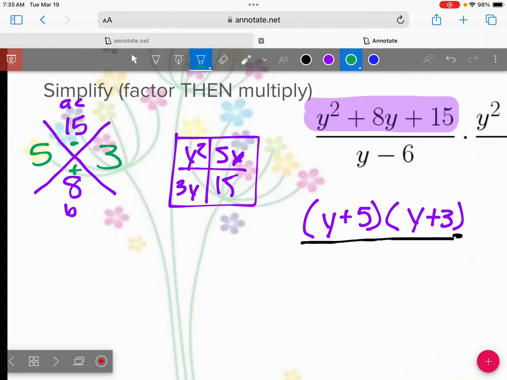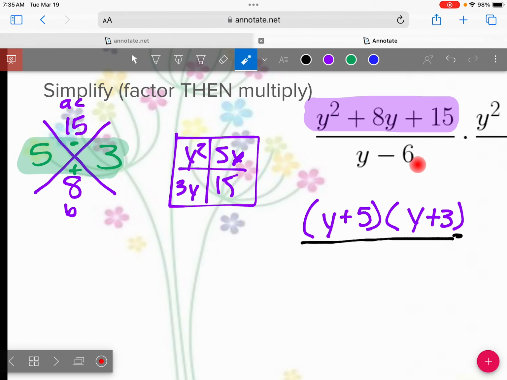It's the same values that are in here. Now, this only works when your a value is 1. But that's a shortcut we're going to be able to take, and it's going to save us a bunch of time if we don't have to do the box every time. If you want to do the box, that's absolutely fine.